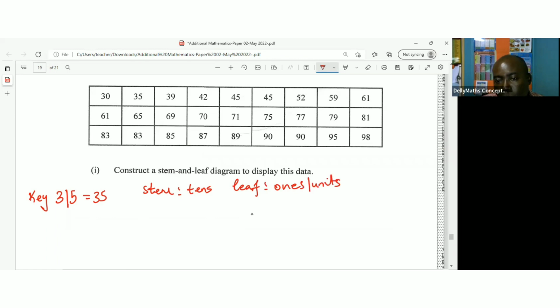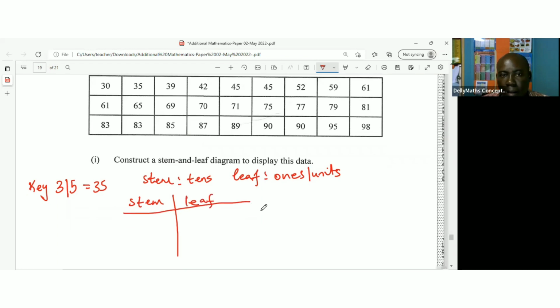So my stem and leaf is going to be like this. I'll have my stem here, and I have a nice line, and then I have my leaf here.